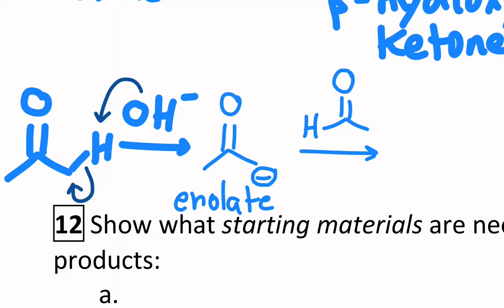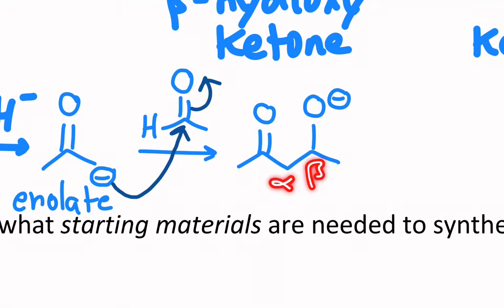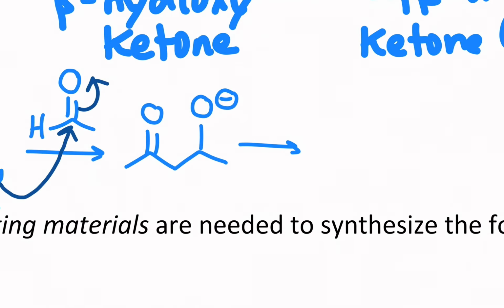So draw an arrow from that enolate carbon to the carbonyl carbon of the aldehyde and send that pi bond up to the oxygen, and what you get is a new carbon-carbon bond and an oxygen anion. So we form the beginnings of an alpha-beta substituted, or eventually unsaturated, carbonyl compound, and this is how we get to the hydroxy ketone.